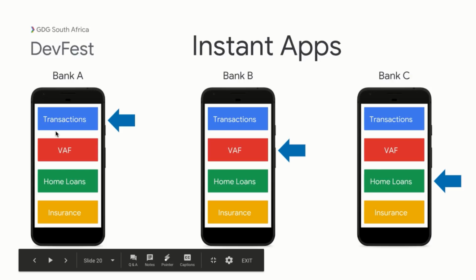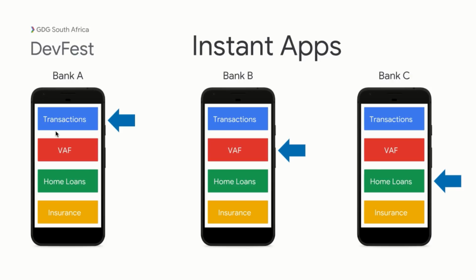Because day-to-day banking is something that I do on a regular basis, I can have Bank A giving me a transactional feature as an installed application. I do that on a daily basis, right? So I'm able to access those features as I need them. But with insurance and VEF, which is your vehicle financing, I don't need to always open it up and check how much I've paid.